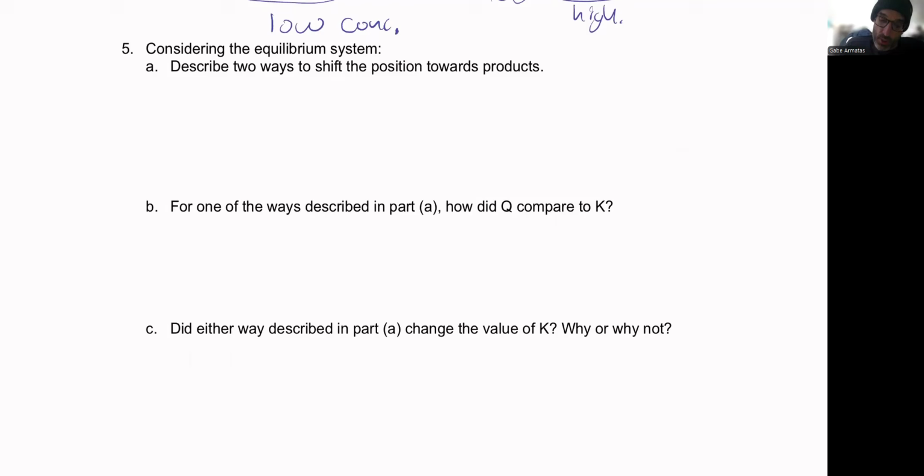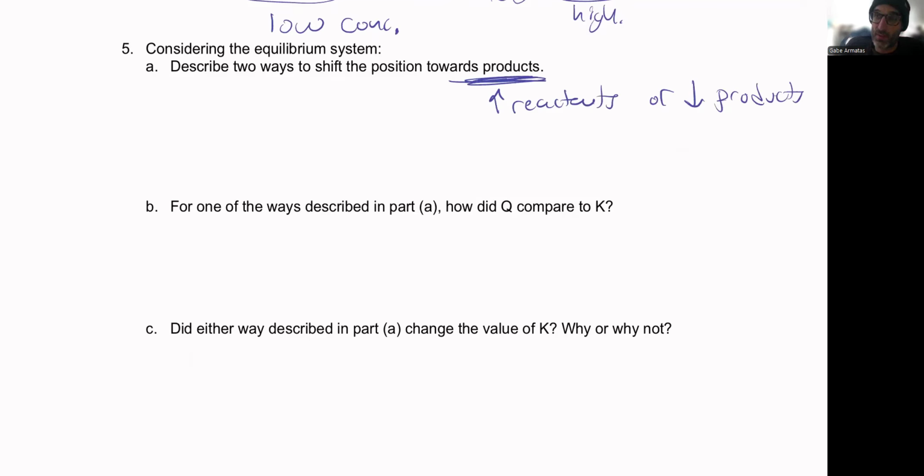All right, describe two ways to shift the equilibrium position towards the product. And we actually saw that above. If you look at one and two, I have choices. The only ways to shift towards products are to increase reactants, because that's going to shift it away from the addition towards products, or I can decrease products, because if I lose it, it has to shift towards the loss.